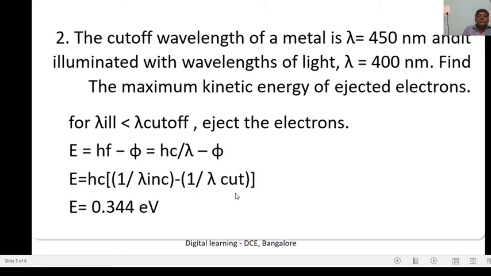So these values are substituted and simplified, and the energy value obtained is 0.344 electron volt. So this is like this.